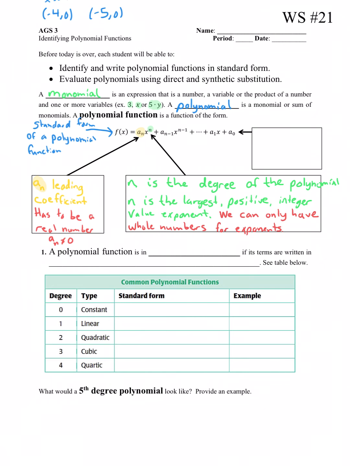But right now we're going to say no fractions, no negatives, which is key. That's going to save us some headaches. No fractions, no negatives for exponents in this polynomials unit. Otherwise, it won't be considered a polynomial function. What I mean by that is like x to the -3 power, x to the 1/2 power. We're not going to see anything like that this time around. No negatives, no fractions.